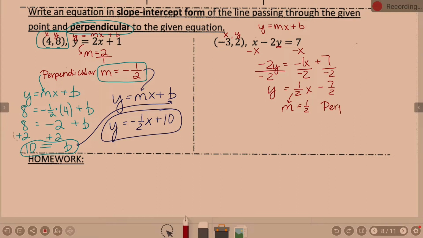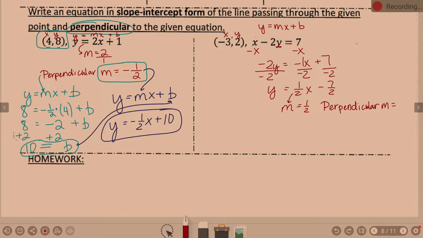Or here's the trick. I need now my perpendicular slope. If the regular slope is 1/2, perpendicular, opposite, reciprocal. Focus up here, please. Okay, so the opposite of positive is negative.